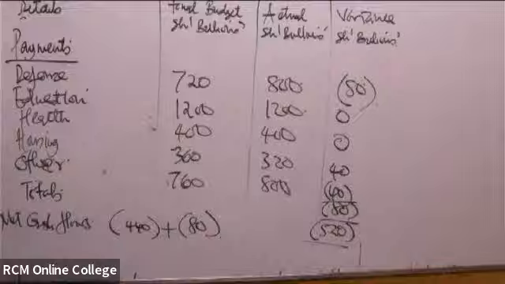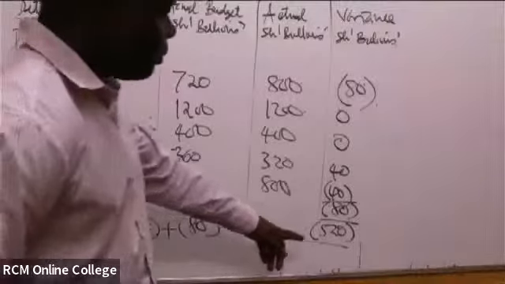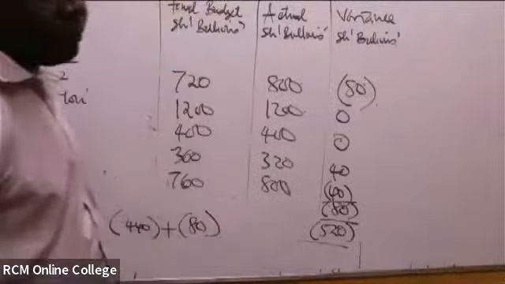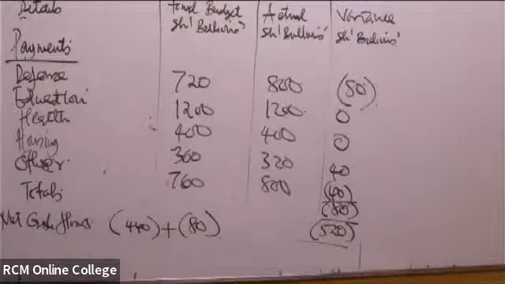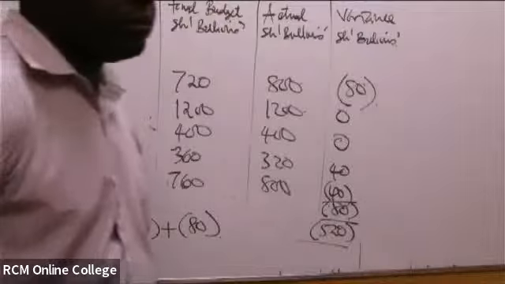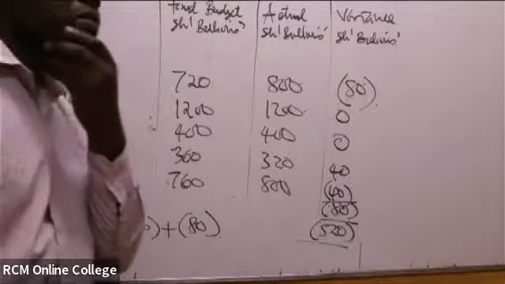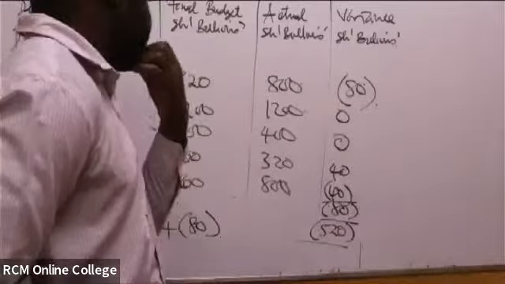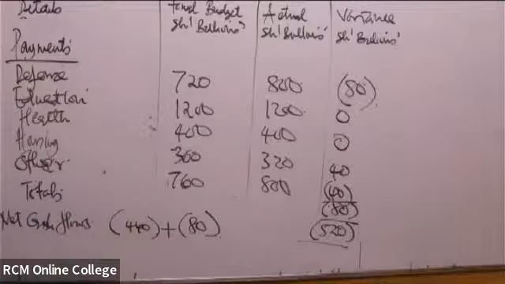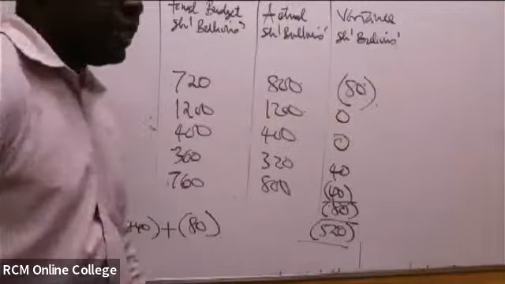So I can see, are we not supposed to deduct payments from receipts? If you deduct, you're supposed to get negative. The answer is negative 520, because you'll further be in the negative by 80.